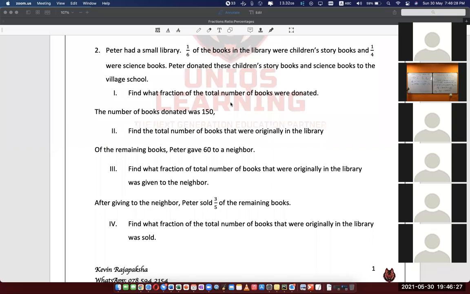They are asking for the total number of books, which means 12/12. 12/12 or the total is 30 times 12. 12 times 0 is 0, 12 times 3 is 36. So 360 books. Or else, you can also use the X method, the second method.